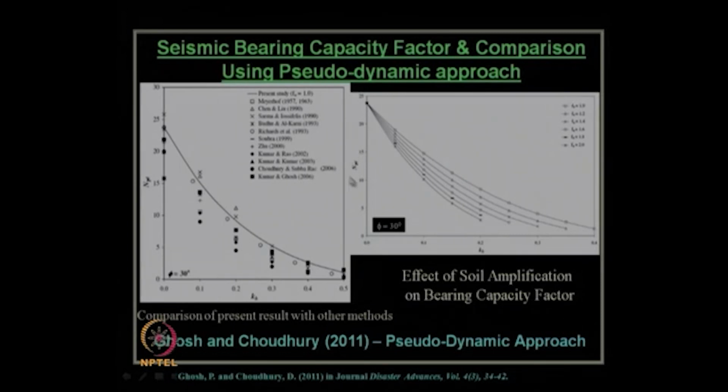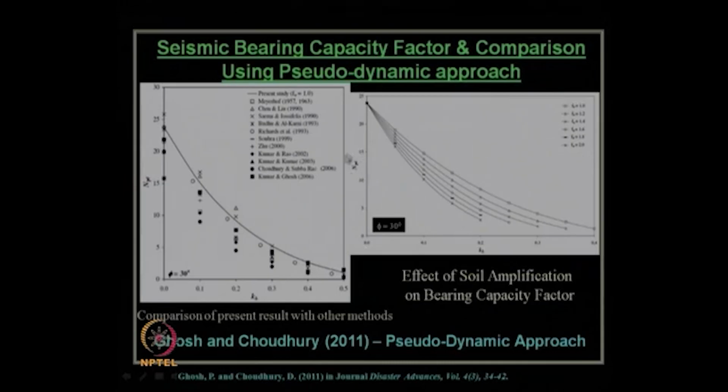So, if you see the results of Nγd bearing capacity factor, how it varies with respect to the variation of kh values for different values of amplification factor starting from 1 to 2, you can see this uppermost curve is for no amplification, that is amplification factor equals 1, and the lowermost curve is showing the value of Nγd when there is an amplification of 2.